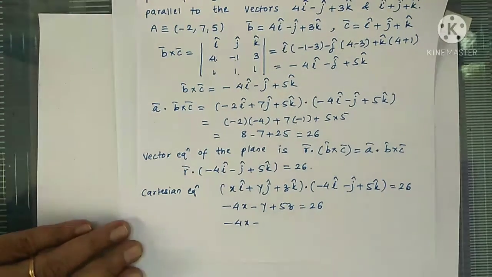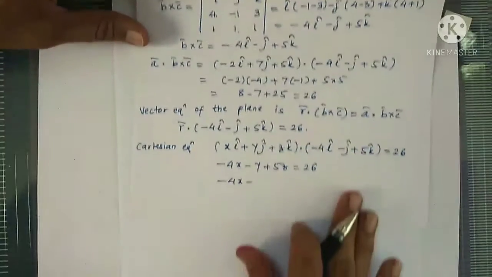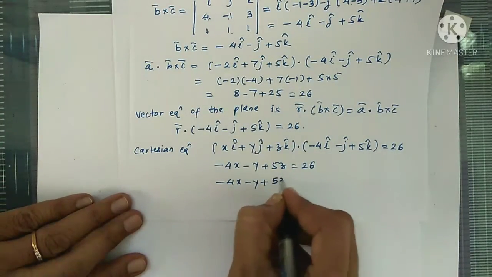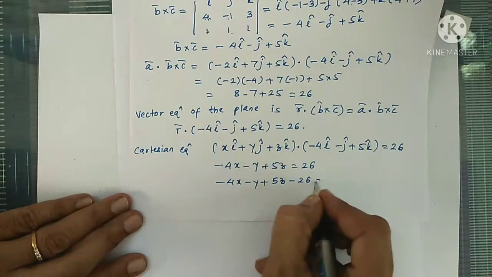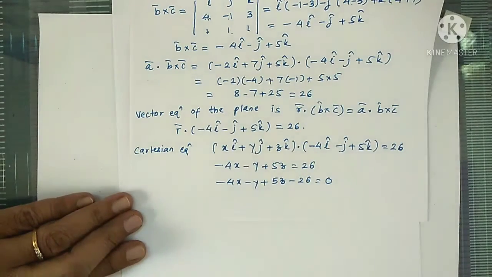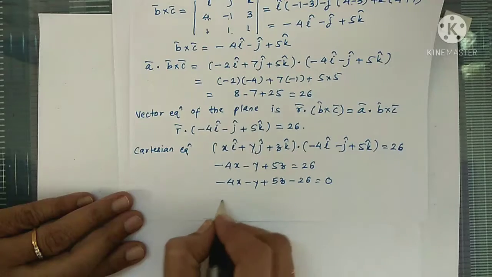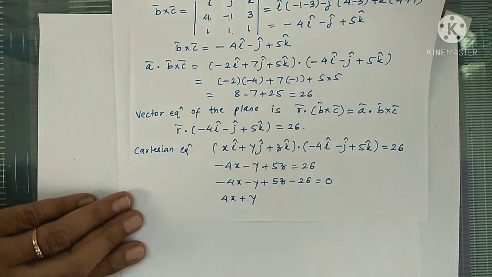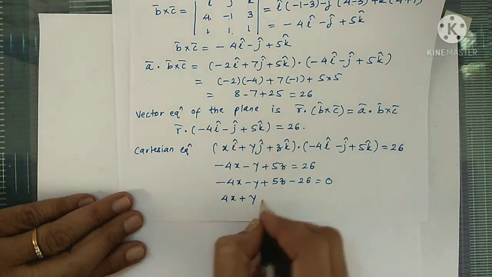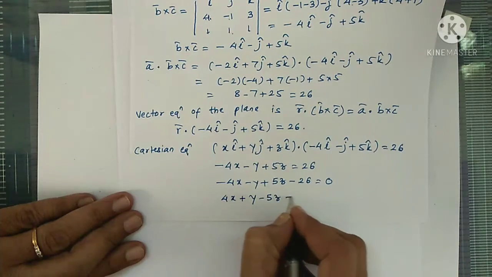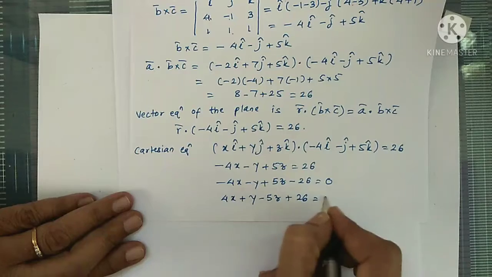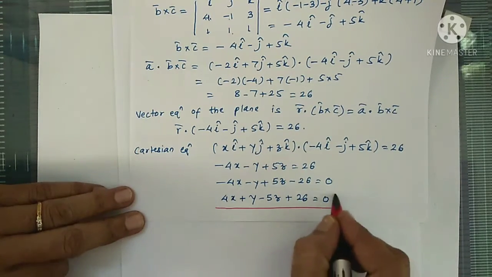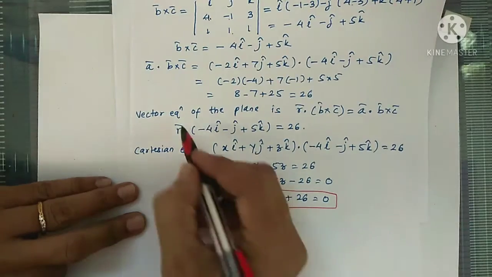So -4x minus y plus 5z minus 26 equal to 0. If you want x to be positive, multiply all the terms by -1. So the signs change: 4x plus y minus 5z plus 26. This is the Cartesian form of the equation of the plane, and this is the vector form.